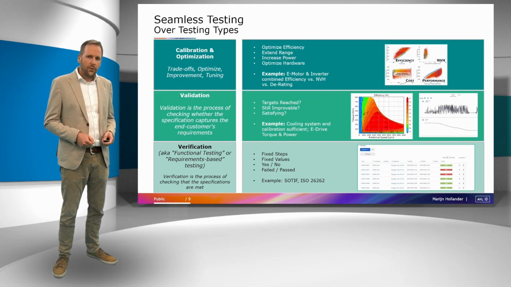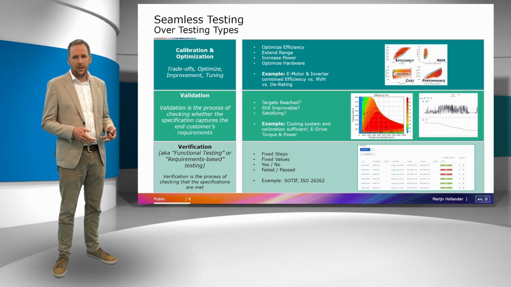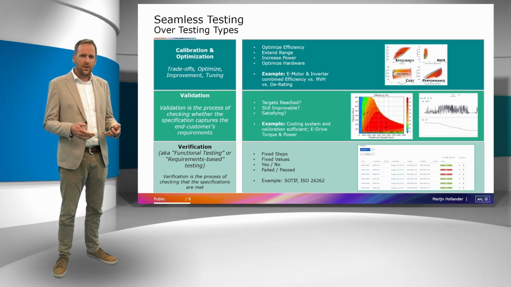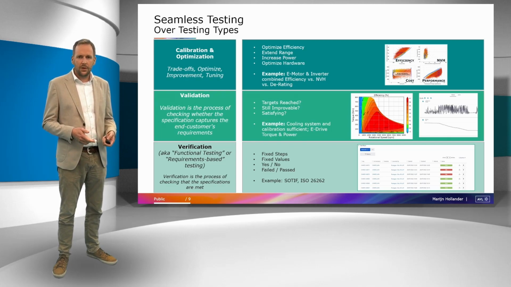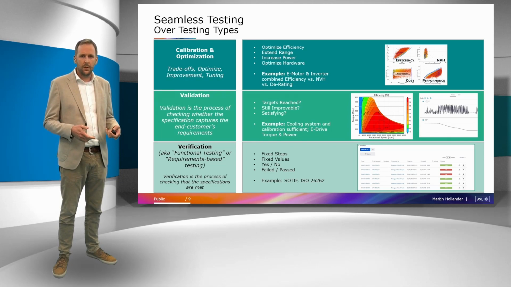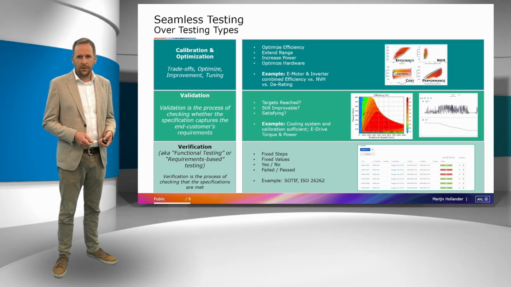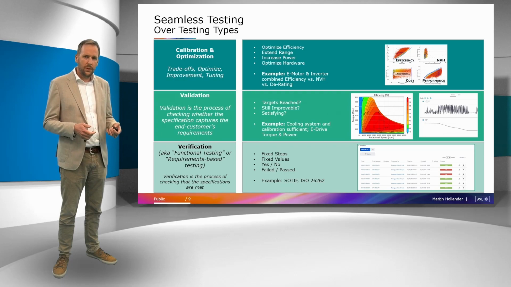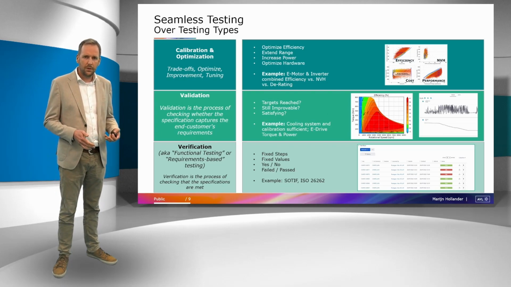We not only offer verification testing. Of course, if you look at an eDrive testbed, it's not only verification that you have to do there. So another advantage is that we also offer the other testing types. For example, a validation where you have to run a lot of grid measurements or you have to run a lot of cycles. Here we support with CAMEO that you can do this in an intelligent way.